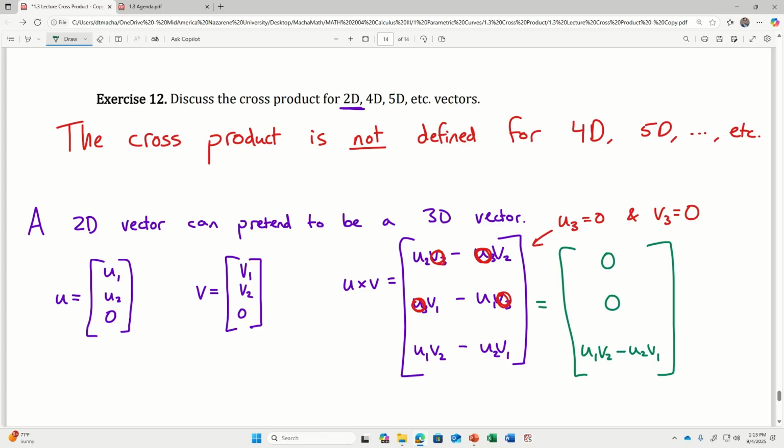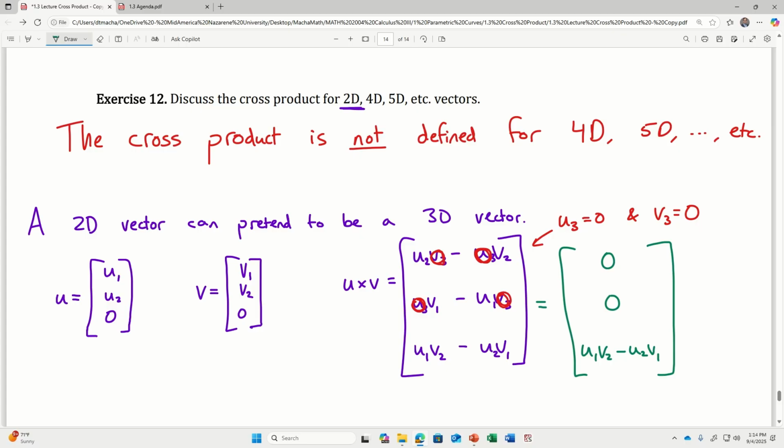So think about this. My vectors I was starting with, u and v, were just 2-dimensional vectors. They live in the xy plane. So when I take the cross product, and the cross product has to be orthogonal to u and v, then it has to only be in the z direction, in order to stay orthogonal to everything happening in the xy plane. So again, the first two entries are going to be 0. The third entry, which is in the z direction, is going to be something non-zero.